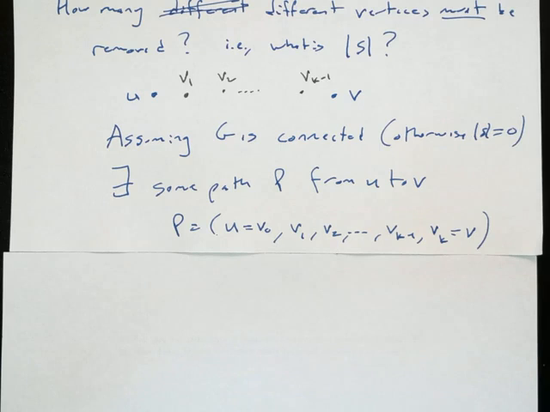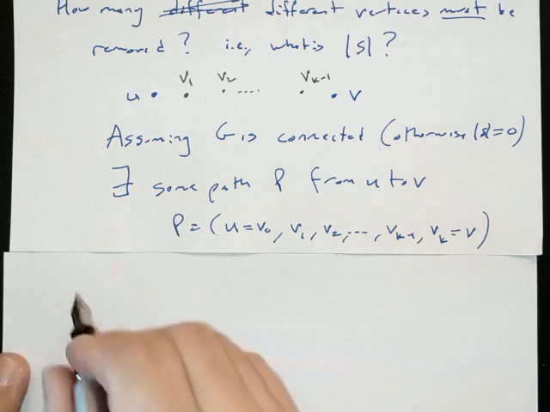All the vertices of degree 2, those are the internal vertices of a path.